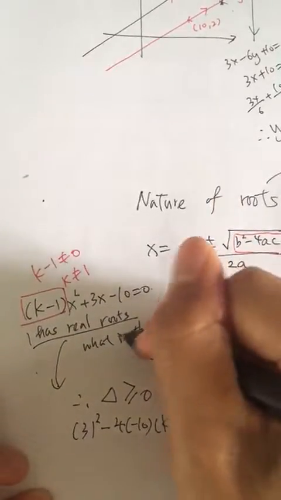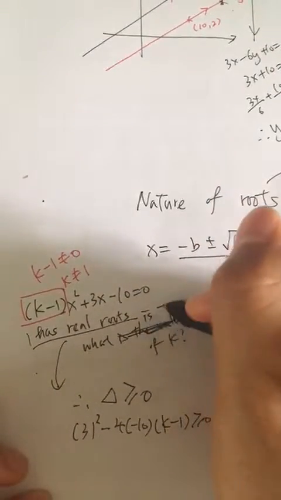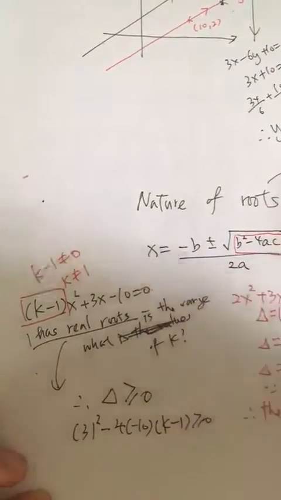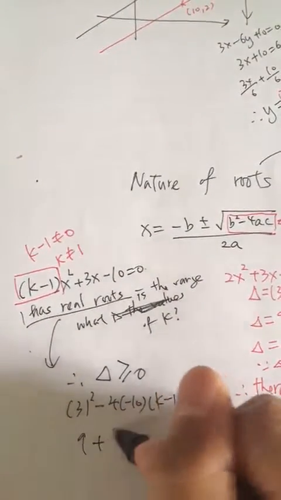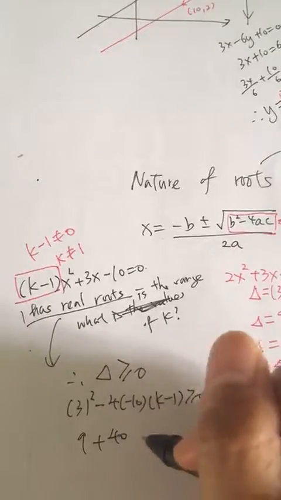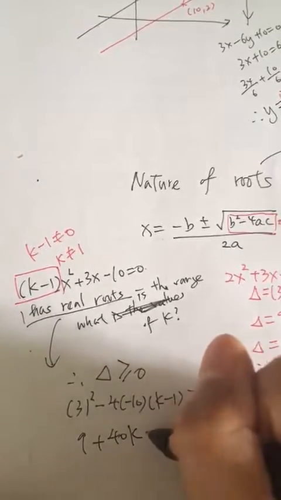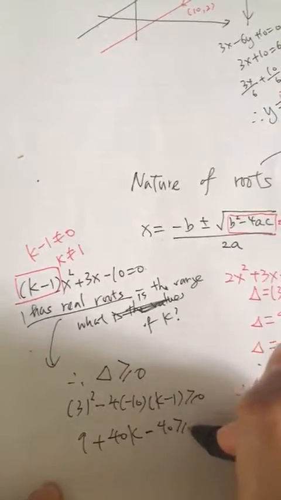What is the range? Then you just perform the inequality. 40 plus, so 40k. Now I do it faster. You can do it at home.